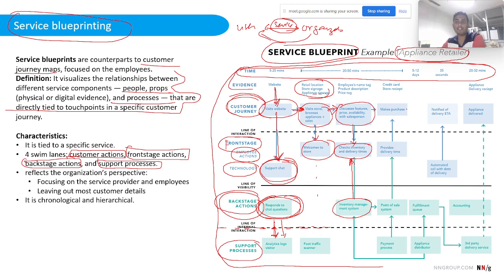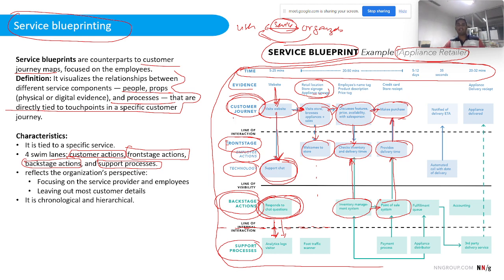Then the customer moves to make a purchase. He makes a decision, which goes to the point of sale system, and he is given a delivery time, and the item can be purchased by the customer.